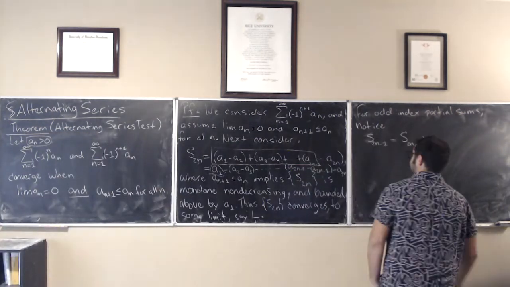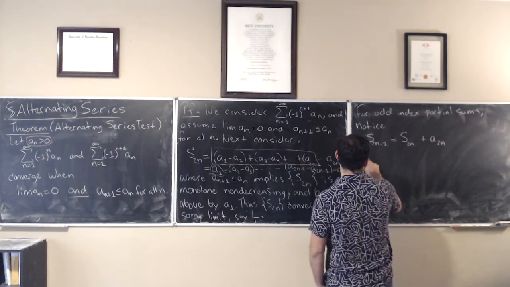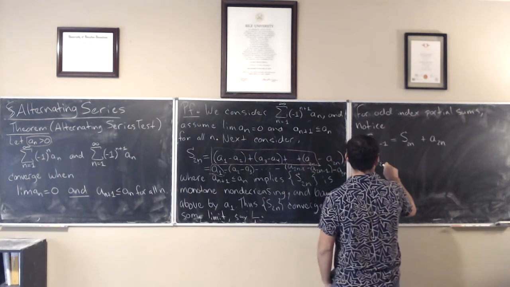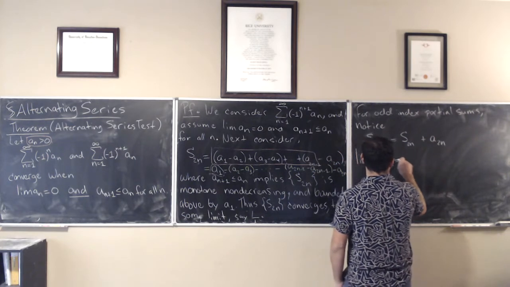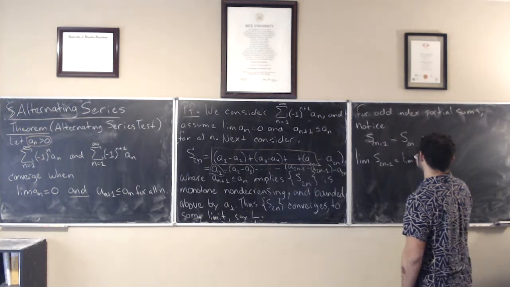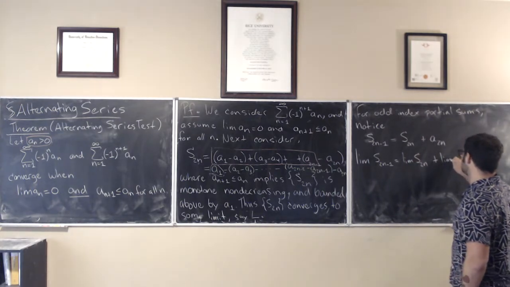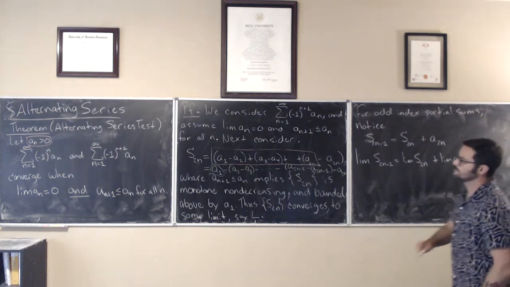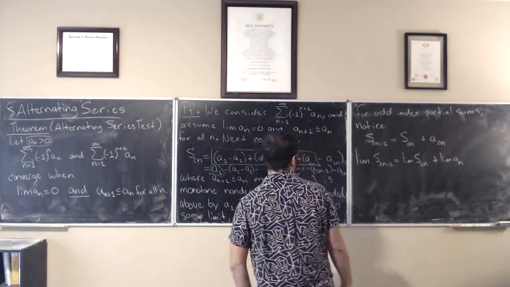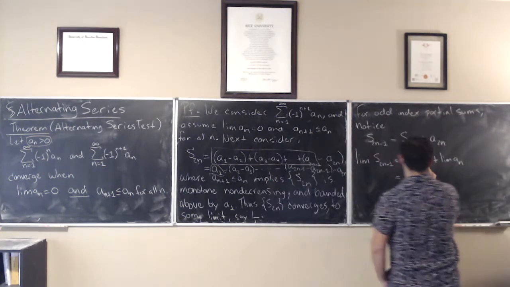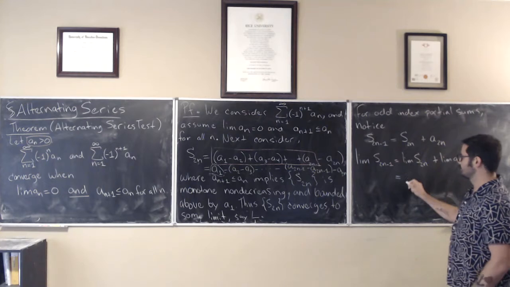So then, if we take the limit on both sides, as n goes to infinity, well, we know the limit for the even subsequence of partial sums.